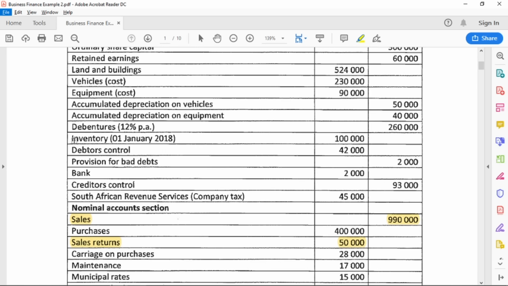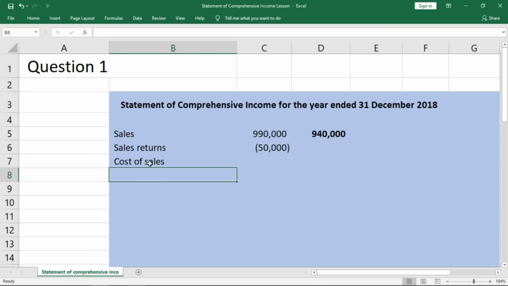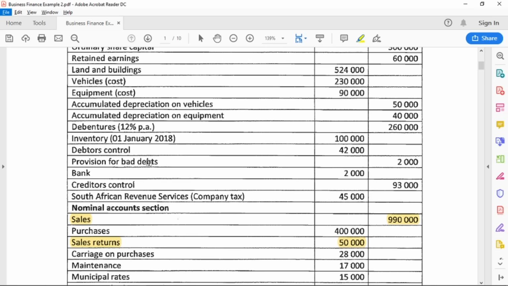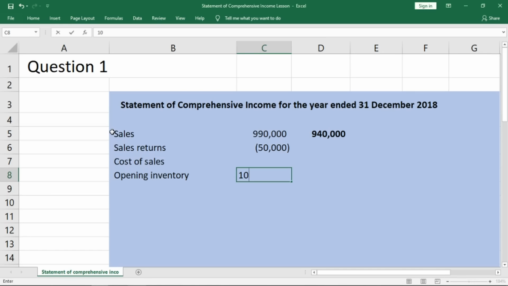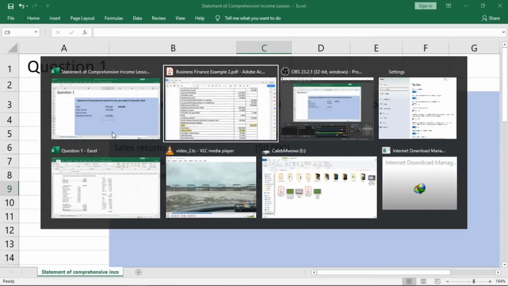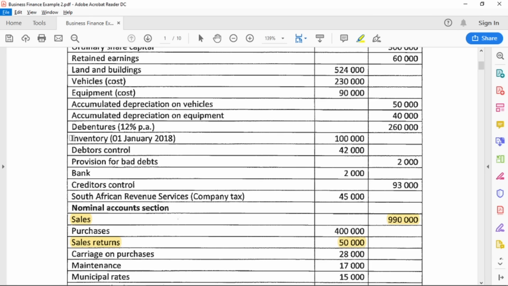So we are trying to get to our final figure. How much did we sell during this period? Let me do the calculation down here. Opening inventory, how much was that? We were given opening inventory of 100,000 rand, so I'm going to put 100,000 as a positive, and let me highlight that one because I've just done it.